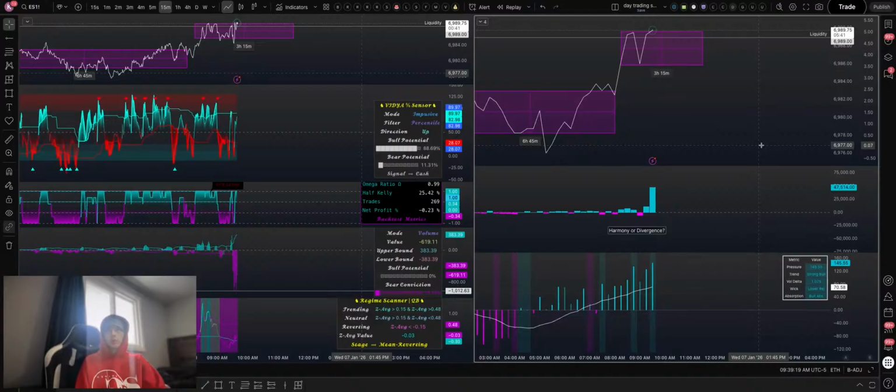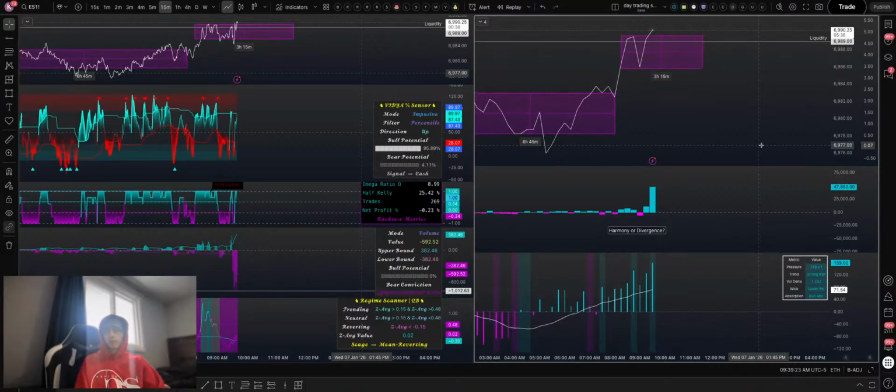Okay, it's bullish, volume and order flows. Do we make that 10 a.m. push higher? It's kind of looking like it.